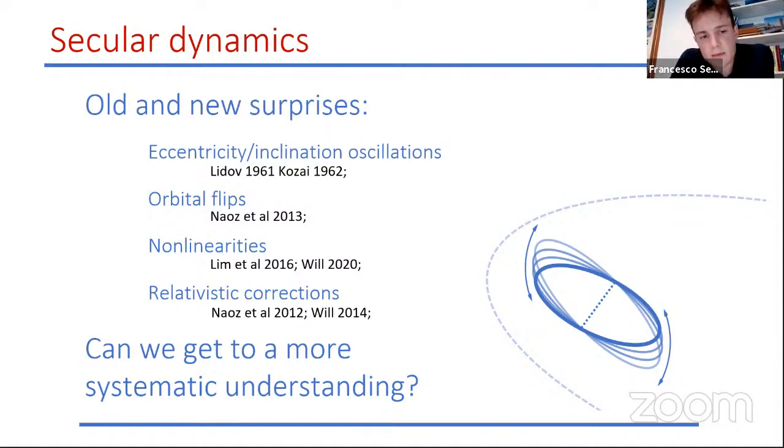Also, some recent works have touched upon the study of the effects of nonlinearities and relativistic corrections, which are found to contribute to these effects in a way that is not super clear, because all of these contributions compete with each other in order to either enhance the oscillations and the excursions in the eccentricity, or to prevent these changes in eccentricity and inclination.